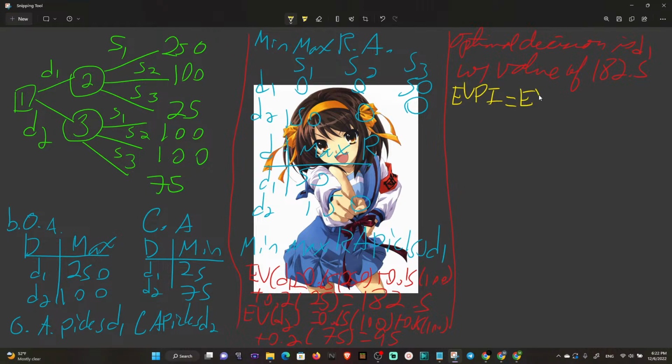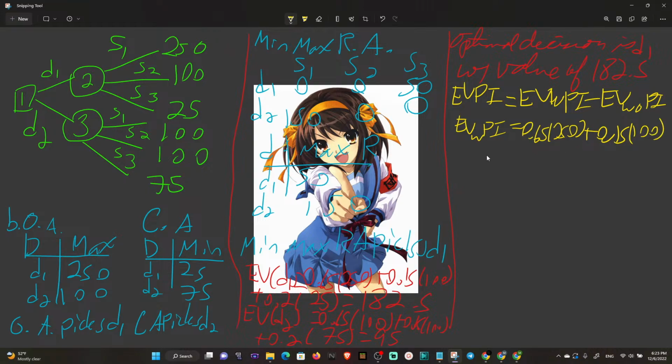EVPI is equal to EVWPI minus EVWOPI. So EVWPI is going to equal 0.65 times 250 plus 0.15 times 100 plus 0.2 times 75, equal to 192.5.